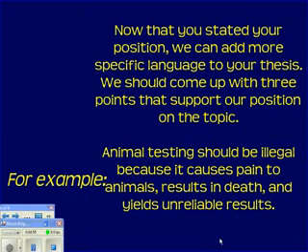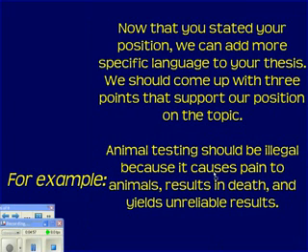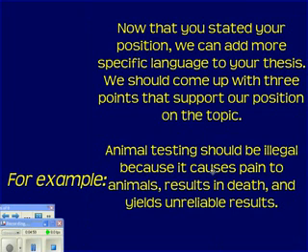That's a pretty good start to our thesis. So animal testing should be illegal because it causes pain to animals, it results in death, and it yields unreliable results, meaning that the results of the tests that they're running on animals can't be applied to humans.